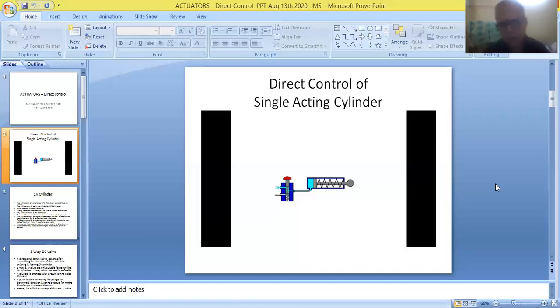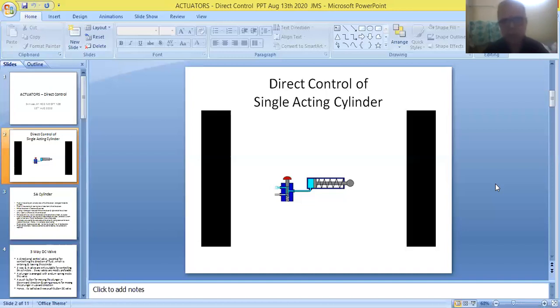So therefore, with the help of connecting rod mechanism, these cylinders can also be used for rotating spindles of machines in clockwise direction.